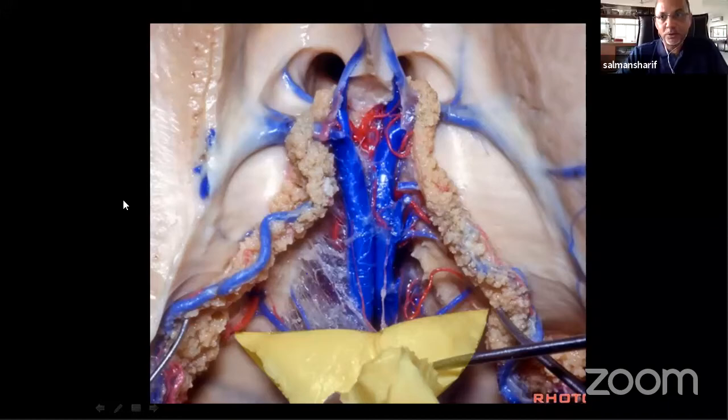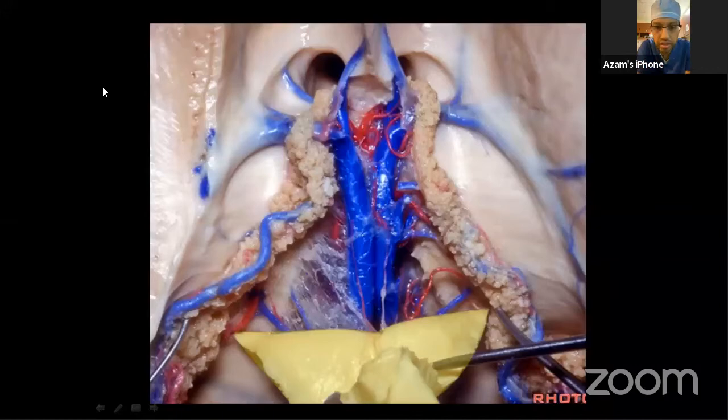So Professor Deopujari talked about 3 different approaches coming from behind when you're trying to come into the posterior part of the third ventricle. Azam, you want to take it away and tell us about the 3 different approaches that we discussed? Yeah, so you can take a more anterior to posterior trajectory, and go through the velum interpositum, or the more common way, a transchoroidal approach, in order to get to the posterior third ventricle from anterior to posterior.